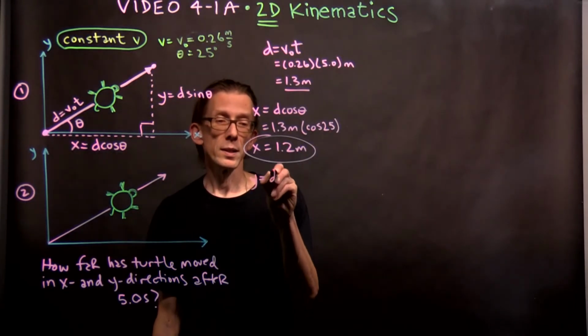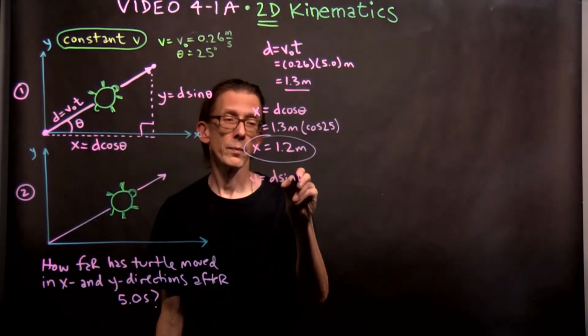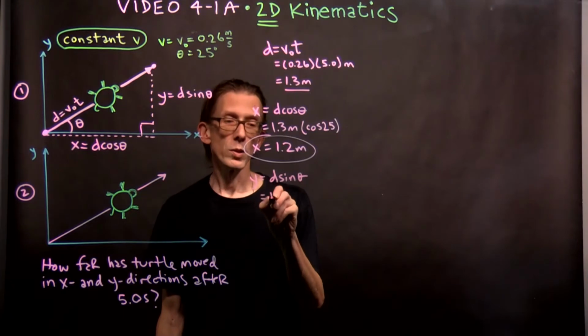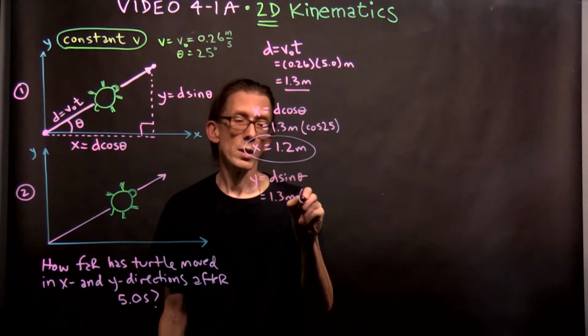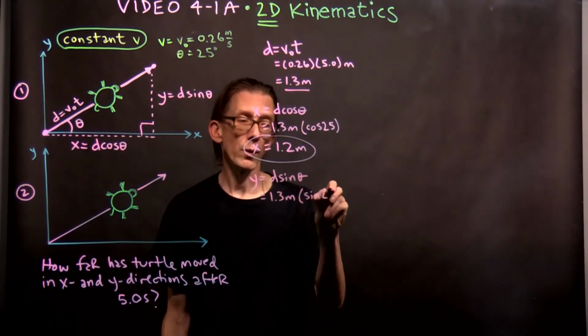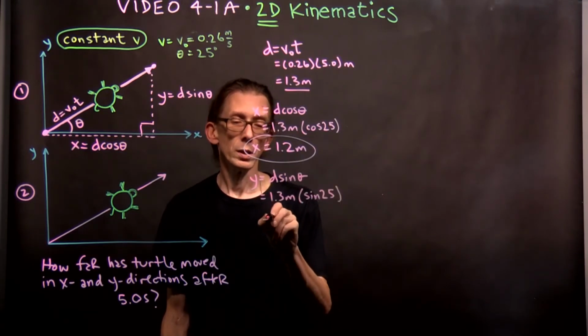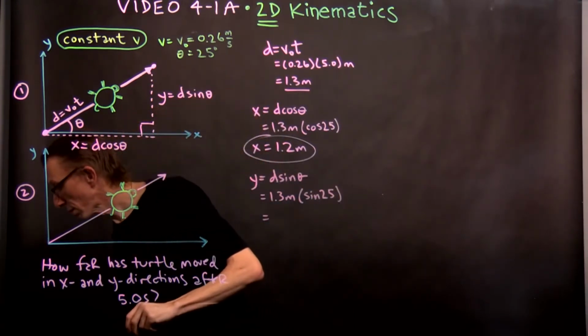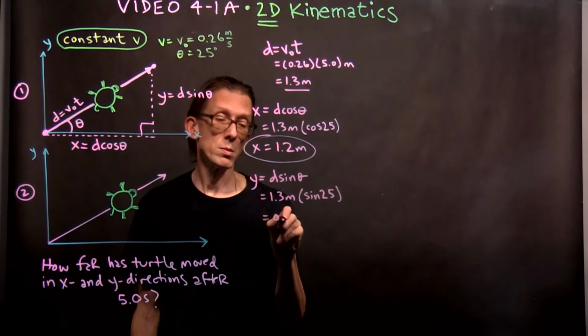Y is d sine of theta, which is 1.3 meters times sine of 25, which is a pretty small number. When you do this, you get 0.55 meters.